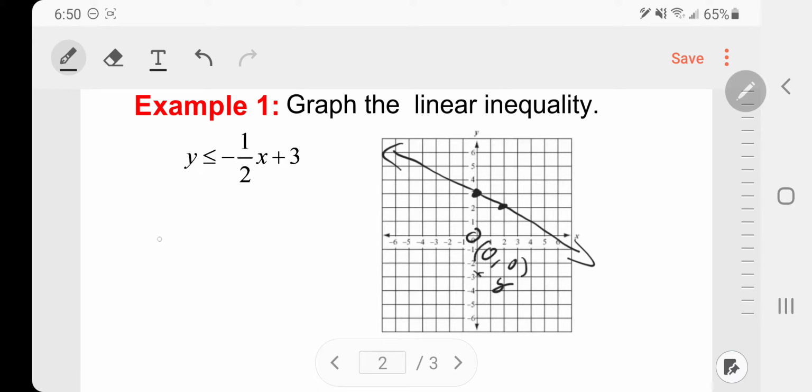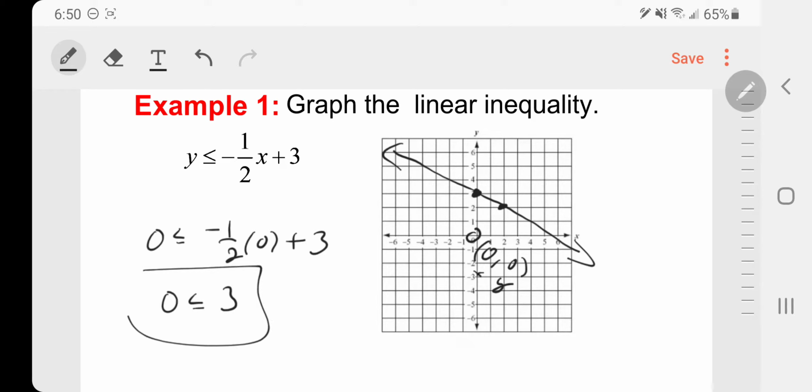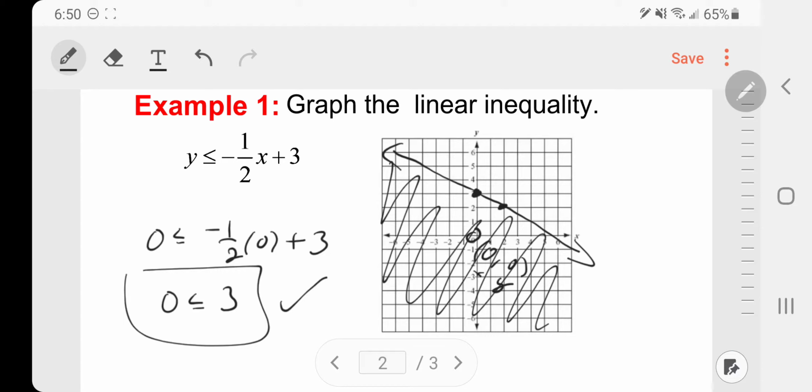We get 0 less than or equal to negative 1/2 times 0 plus 3, and we ask ourselves, is 0 less than 3? 0 is indeed less than 3. What that means is that we are shading on the same side as the point we checked, because it is a solution.